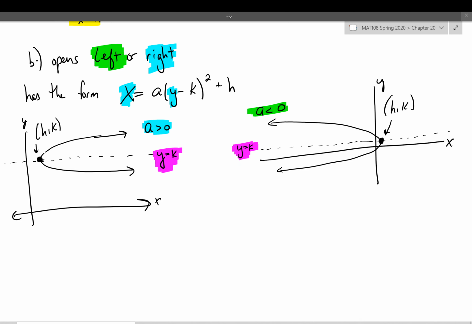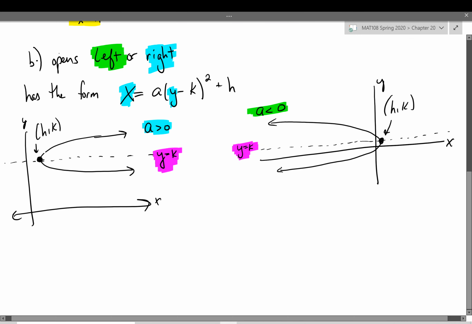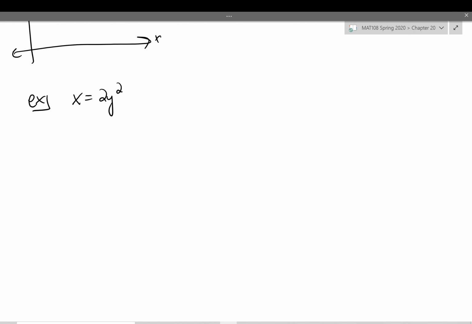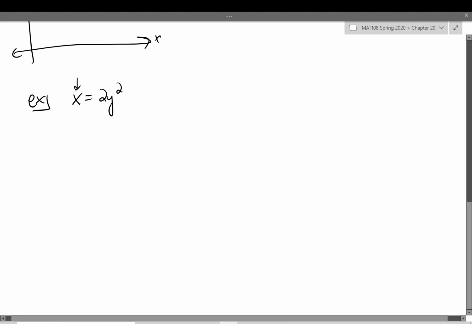So what I think we should do here is go a traditional route and graph a couple of equations. The first one I'd like to look at is x equals 2y squared. With a situation like this, we have to be extremely careful. We can see that technically this equation is solved for x, so we know we're going to have a parabola that is going to open to the right.